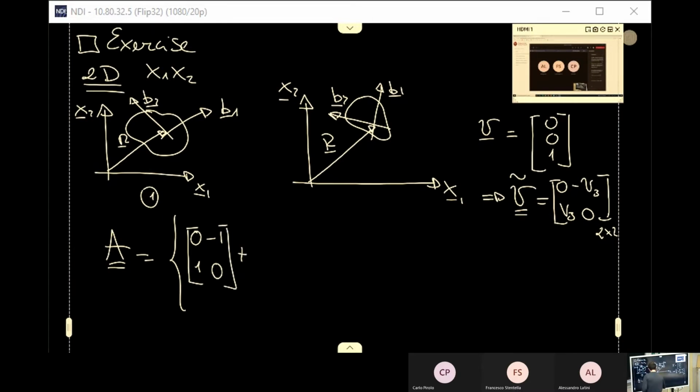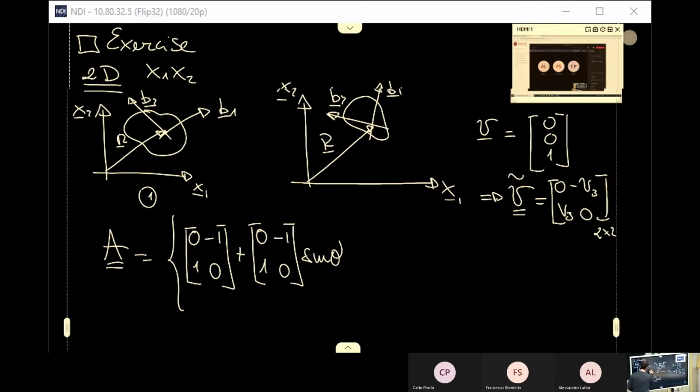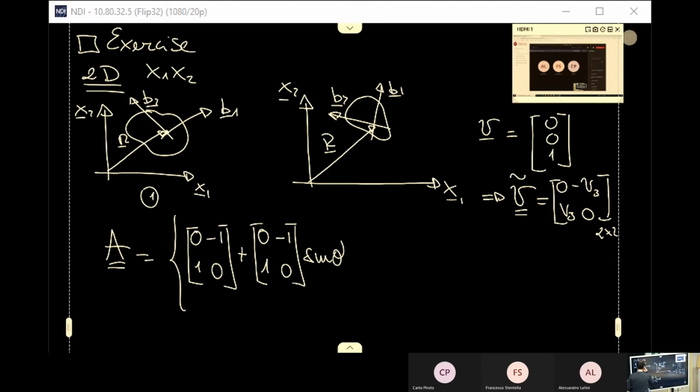Then we have the same quantity, 0, minus 1, 1, 0, but multiplied by the sinus of theta, okay? Let's actually denote it like this. So typically, when we have a vector which goes out of the board, we define it as a point circled. Okay, so this is our V. It's just a matter of notation.